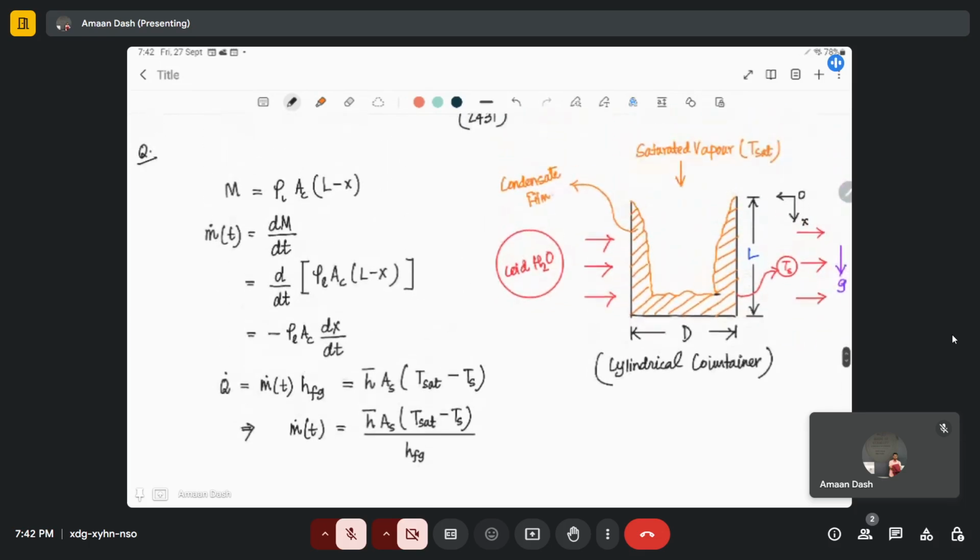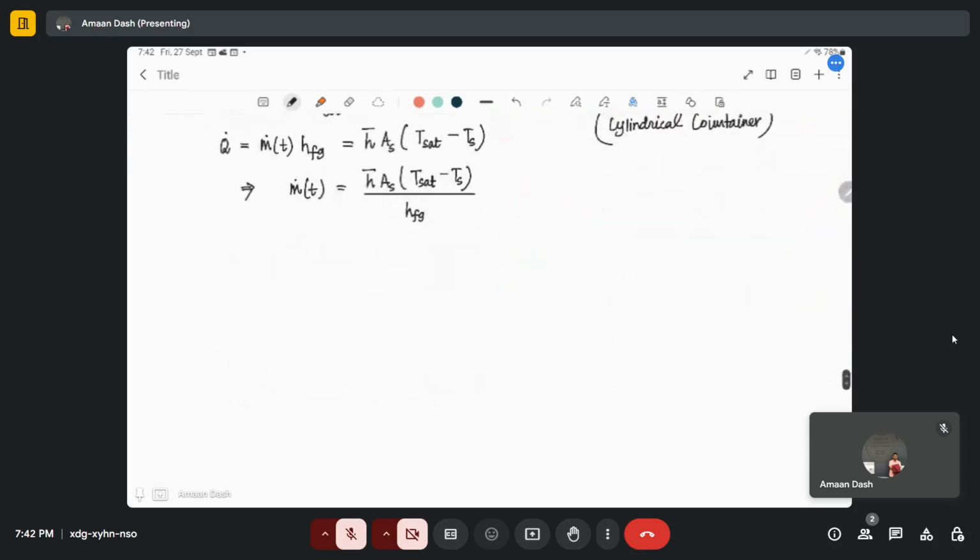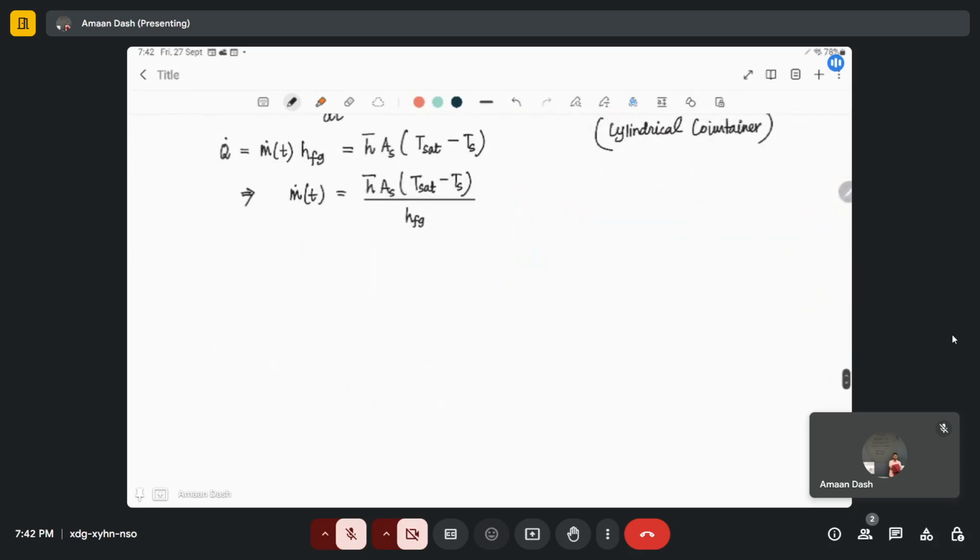Now, what is this average heat transfer coefficient h bar? You know this expression for h bar that we derived, and you have seen it in your lectures also.